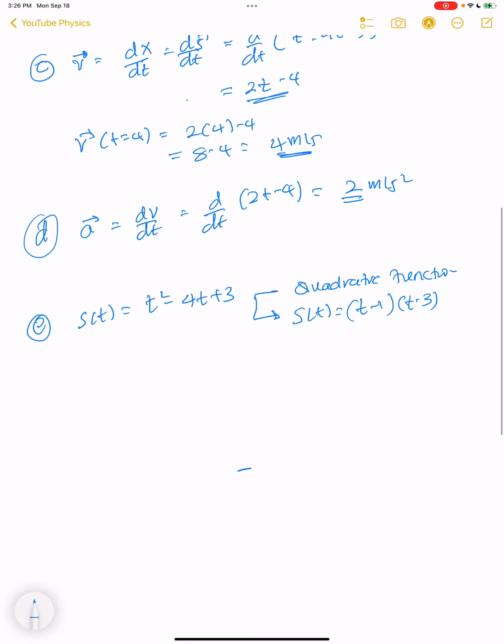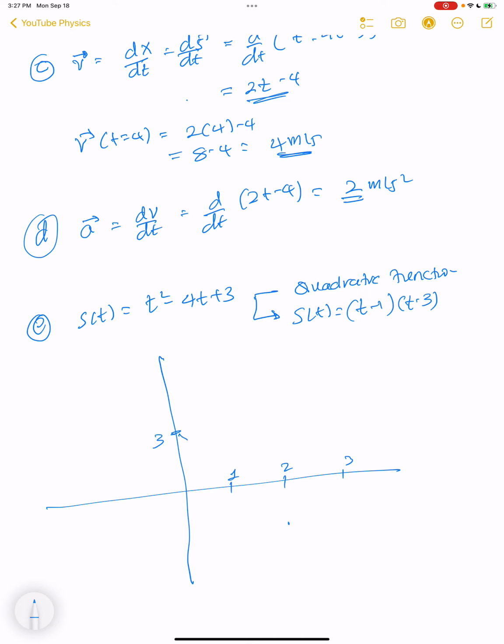So that means the x-intercepts are at 1 and 3, and then the y-intercept is 3, obviously, from the equation. And then we can also find the minimum value at t equals 2, which is around negative 1 here.